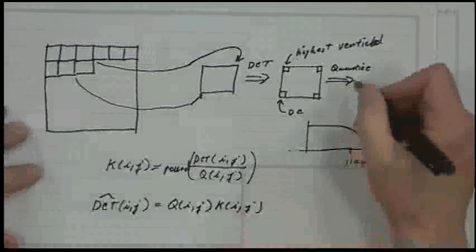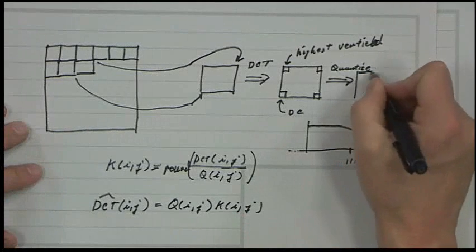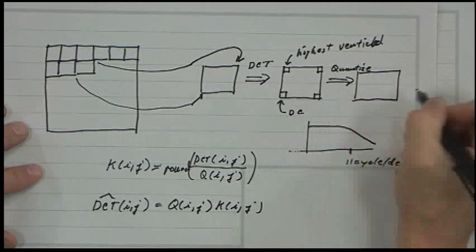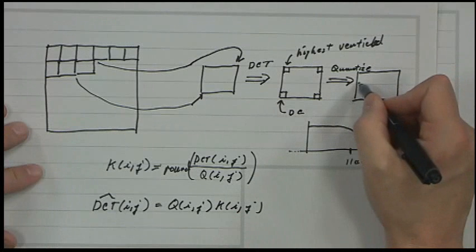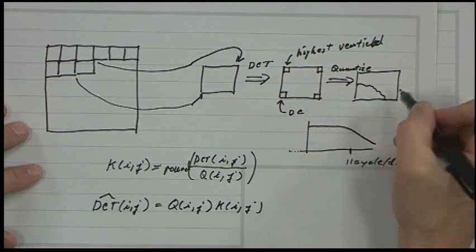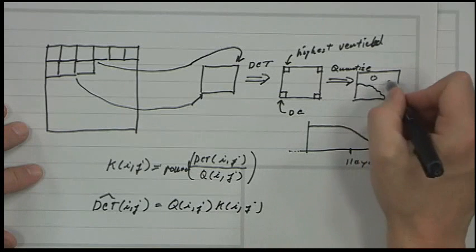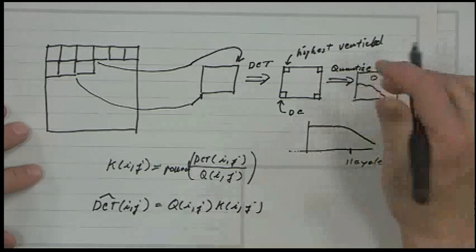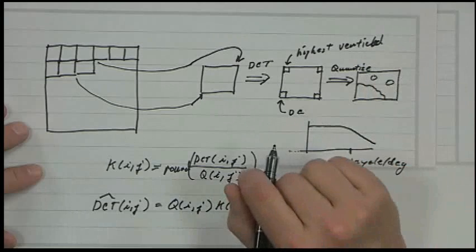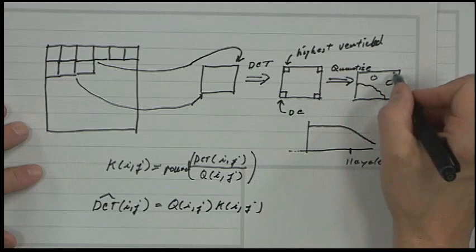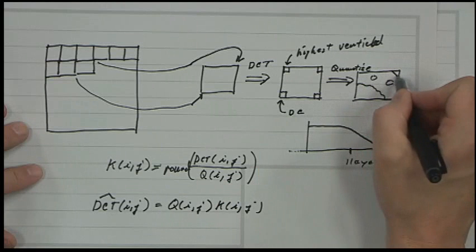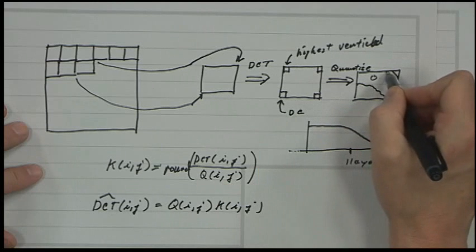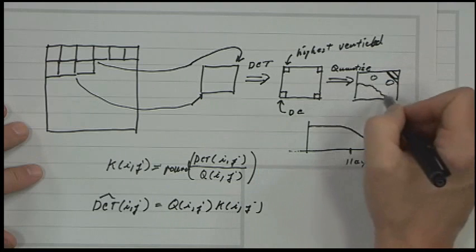So from here you quantize, and after you quantize, a lot of these values are non-zero, but a lot of this is zero. You might have some individual non-zero ones out here. So what you then do is use zigzag coding. You go like this, and you run length code the zeros in a zigzag.